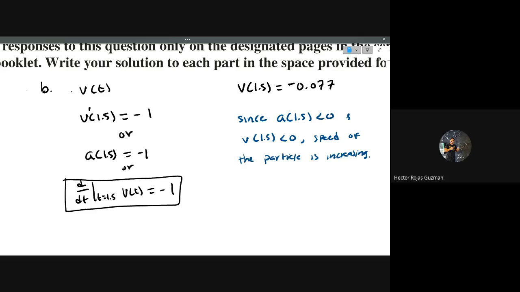As long as velocity and acceleration have the same sign, the speed is increasing. If they have opposite signs, the speed is decreasing. I'll say at t equals 1.5.